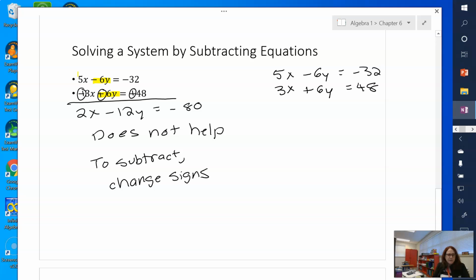Okay, and so now that we've changed the signs on the second equation, we are ready to just go ahead and add them together. Those 6y's drop out, and I get 8x equals 16, x equals 2, and then go back, plug that 2 into either one of your equations.